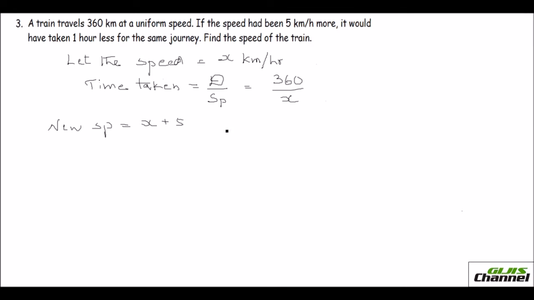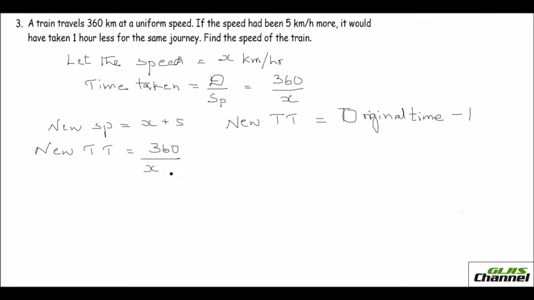Your new time, they say, is 1 hour less than the original time taken. So I'll write it like this: original time taken minus 1. New time taken is equal to the distance divided by the new speed, so that's x plus 5.